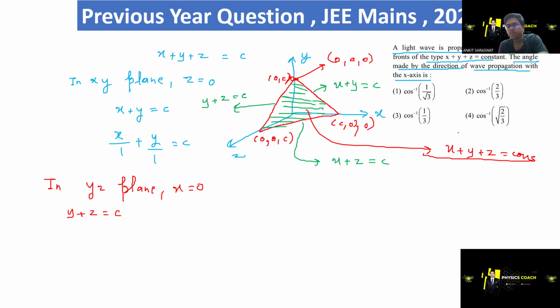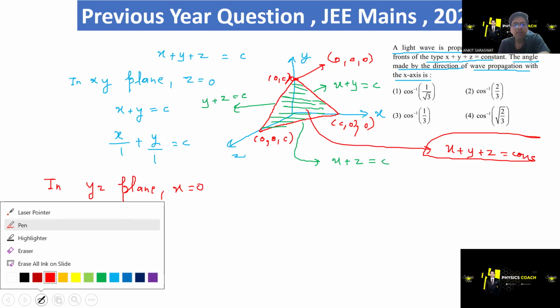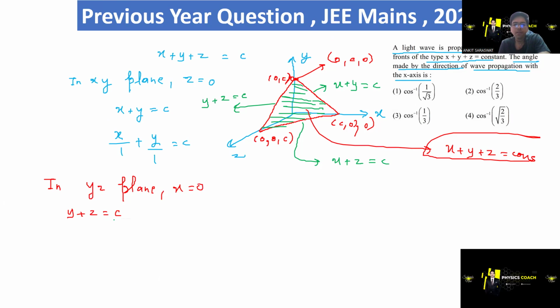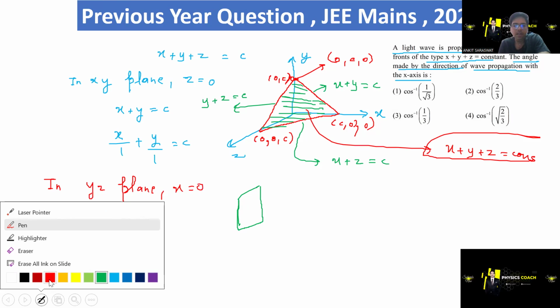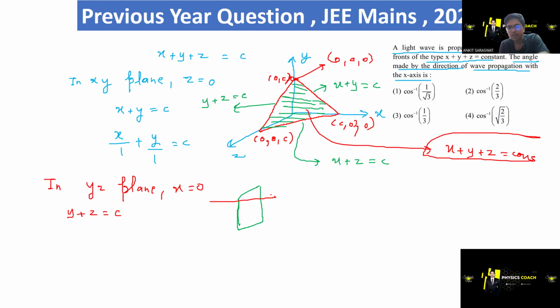Now we know the concept. The direction of propagation is given by the direction of light, the direction of the ray. A ray is always perpendicular to the wavefront. For example, our wavefront is like this, a plane wavefront. Then the direction of ray will be like this. These are the directions of rays.